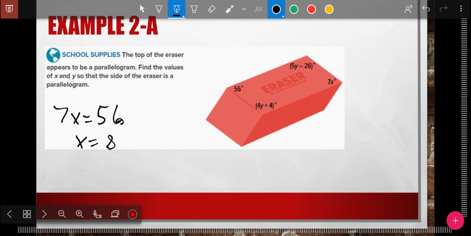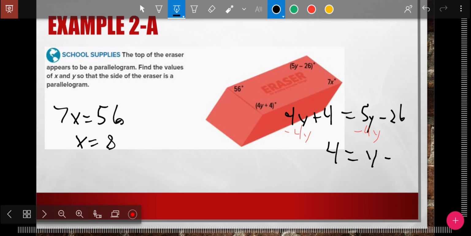And then I'm going to set up the other one as 4y plus 4 equals 5y minus 26. And minus the 4y over, that's what I would do first. And minus the 4y to both sides. I get 4 equals y minus 26.